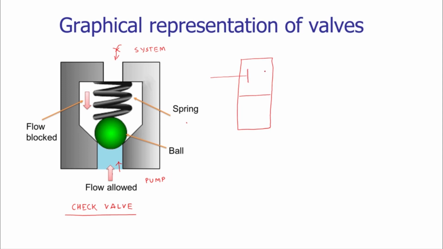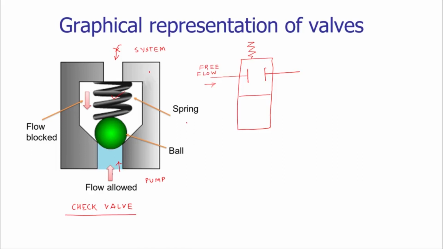No pressurized fluid is passing through the valve at its default position. The free flow is from left to right, however it is blocked, and that blocking is due to the spring. So due to the spring we are blocking the flow of fluid.